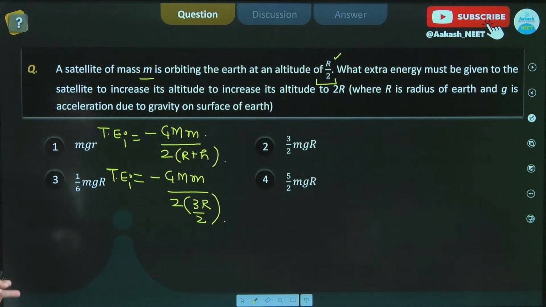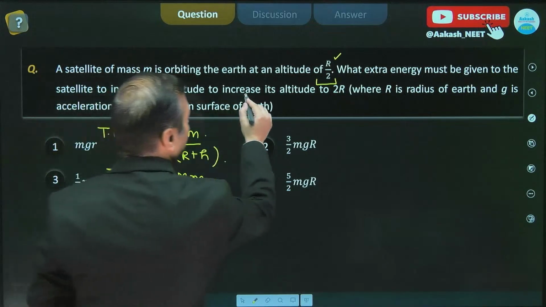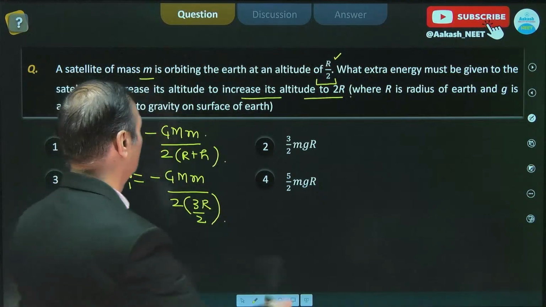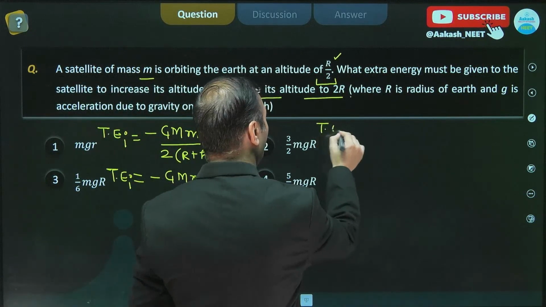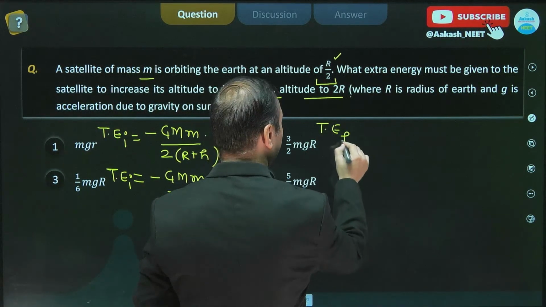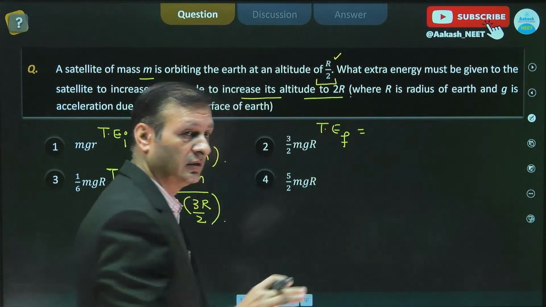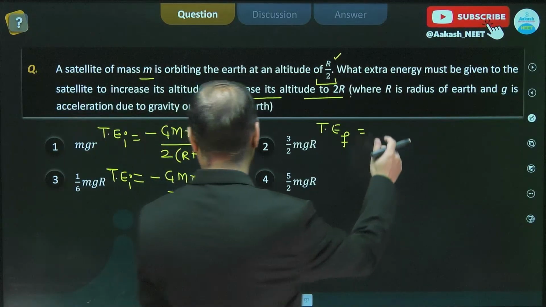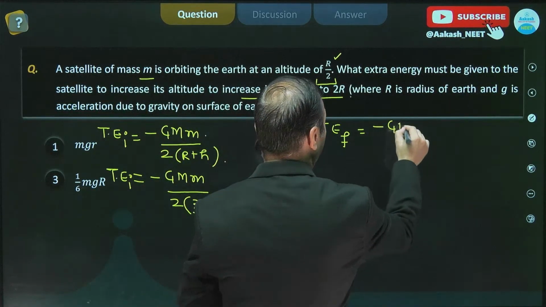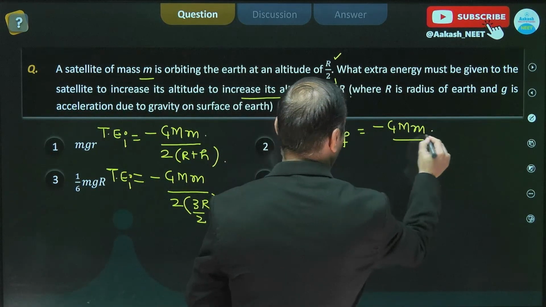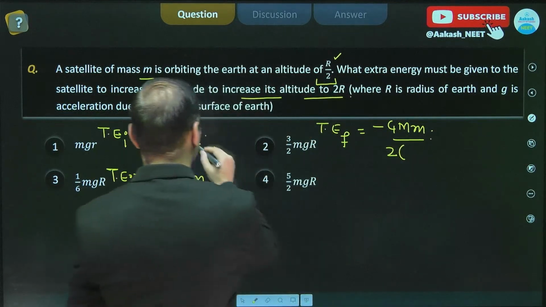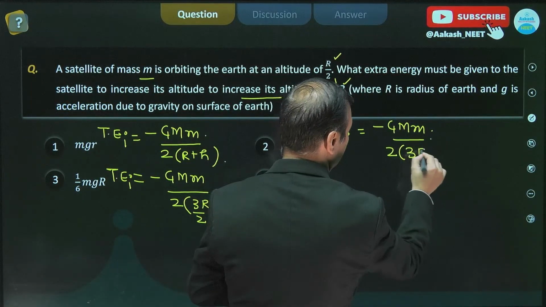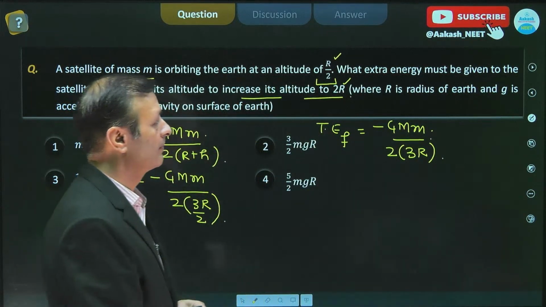To increase its altitude to 2R, the final total energy is minus GMm upon 2 times (R plus 2R), so R plus 2R becomes 3R.